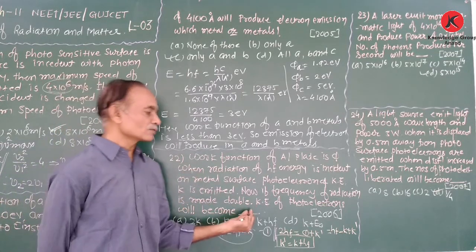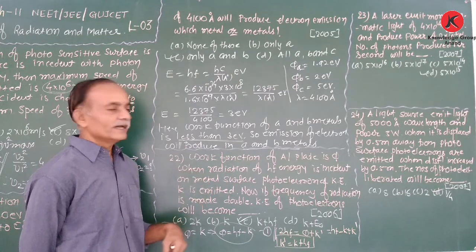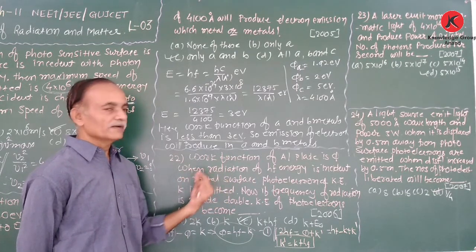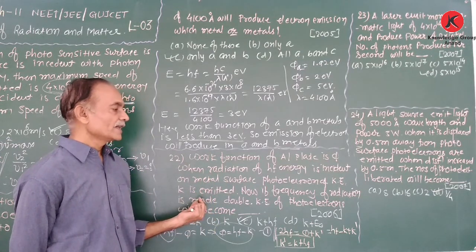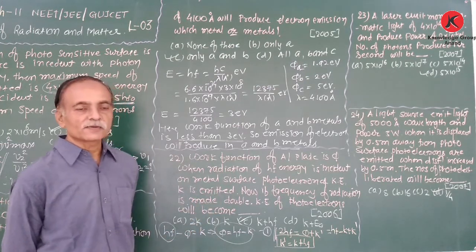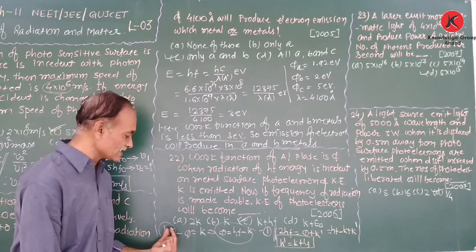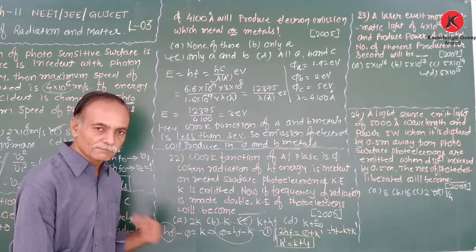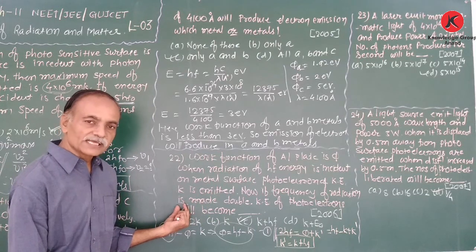Again, this was asked in 2006. The work function of an aluminum plate is phi. When radiation of hf energy is incident on the metal surface, photoelectrons of kinetic energy K are emitted. Now, if the frequency of radiation is doubled, the kinetic energy of the photoelectrons will become what? For that purpose, we know Einstein's equation hf minus phi is equal to K. From this equation, phi is equal to hf minus K. Now, the energy of the radiation is double.